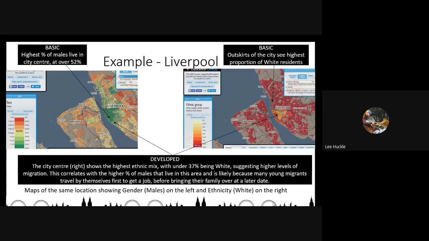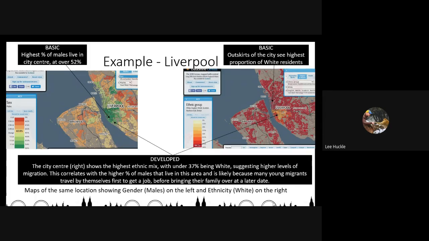And then on the right-hand side, it was looking at ethnic groupings, where the darker red and the orange yellow, the outskirts of the city, see the highest proportion of white residents, whereas the inner city areas of Liverpool tended to have more of an ethnic mix, or a lower number of white people living there.